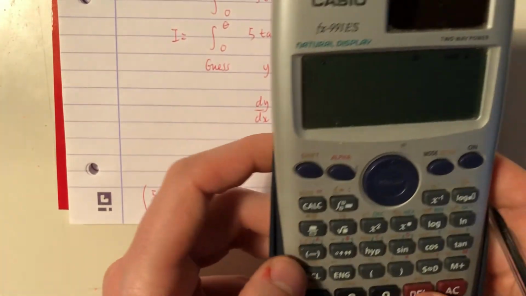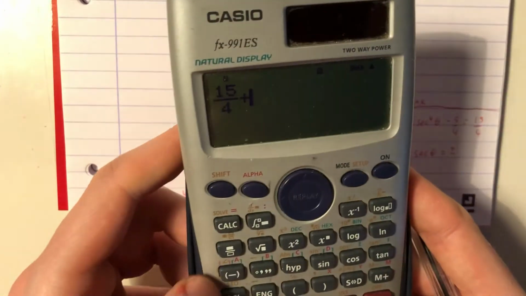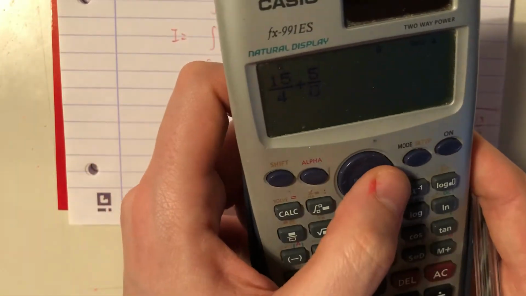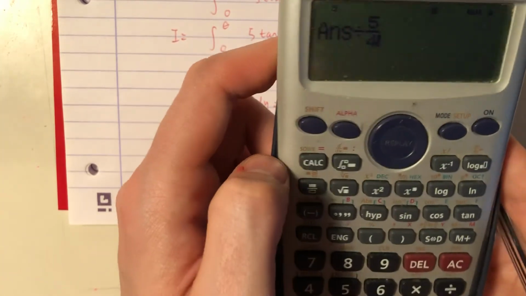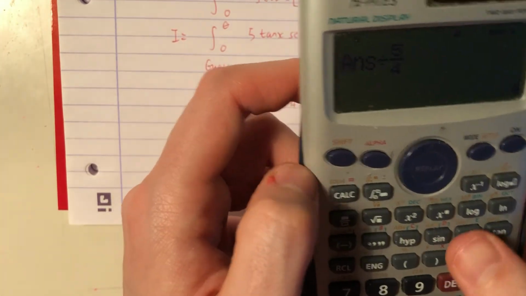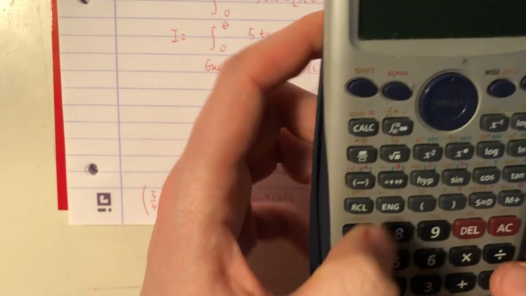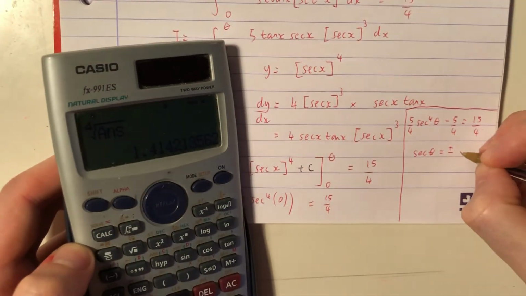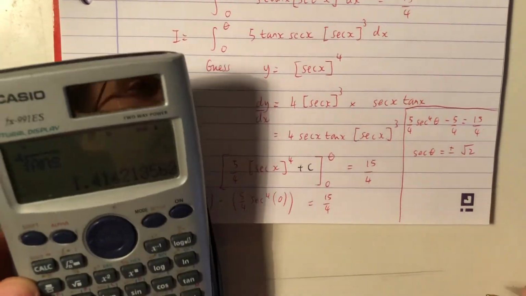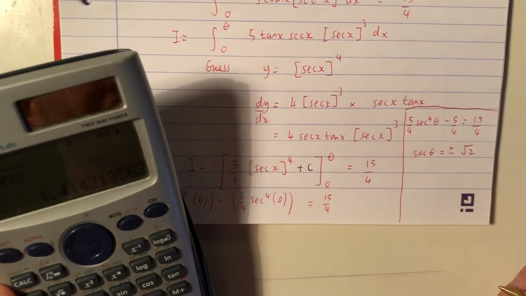So 15 over 4, add 5 over 4 is that, divide by 5 over 4 is that, then take the 4th root, root 2 actually, to be exact, root 2, to give you two possible answers.